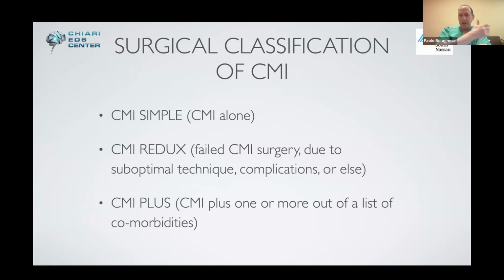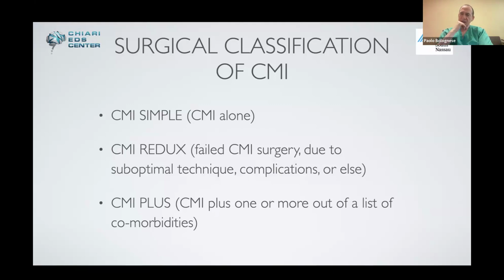So simple Chiari is Chiari by itself. Chiari redux is a Chiari malformation surgical case that is floating around, is not really great about outcome, and is being held back by a complication, suboptimal technique, somebody who doesn't punch hard enough, or something else, like we're going to see later, is going to be mostly comorbidities, or Chiari plus.